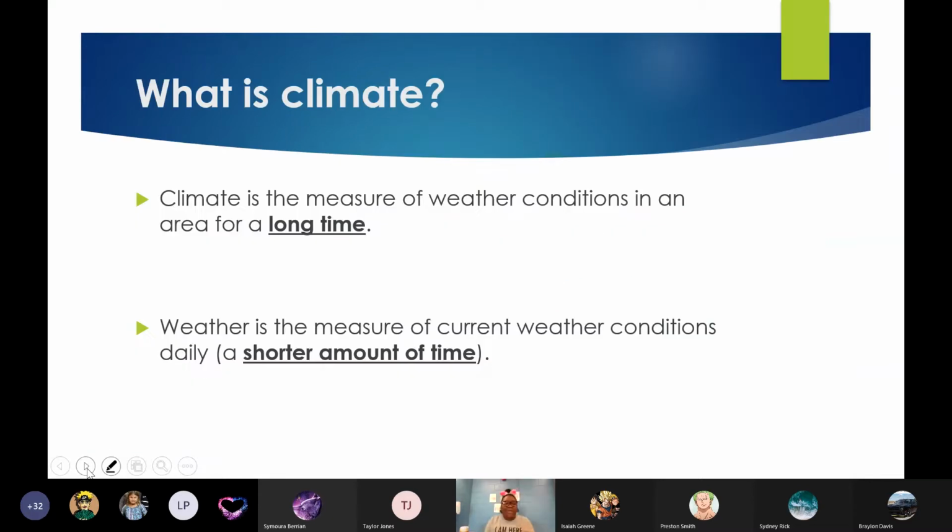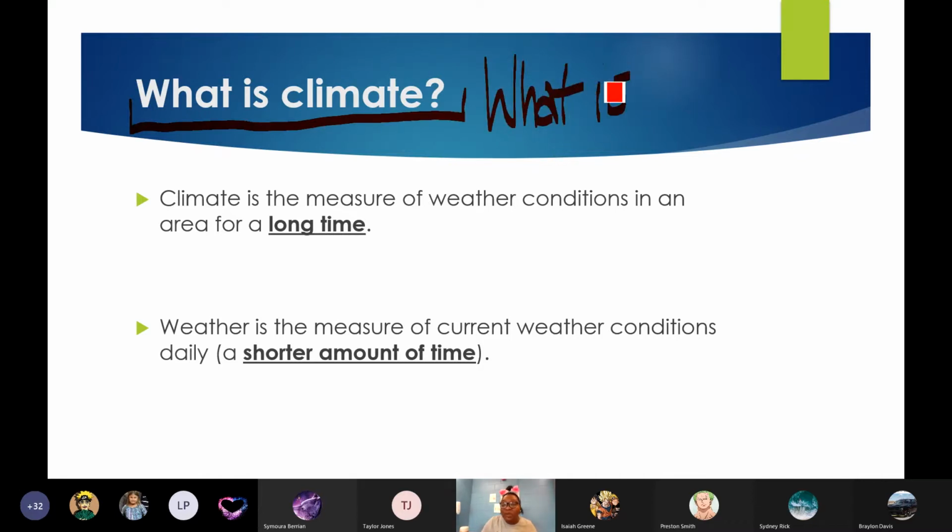Before we can describe the differences between climate and weather, we have to make sure we understand what both of those things are. It's important for us to know what is climate. We also want to write down the question, what is weather?